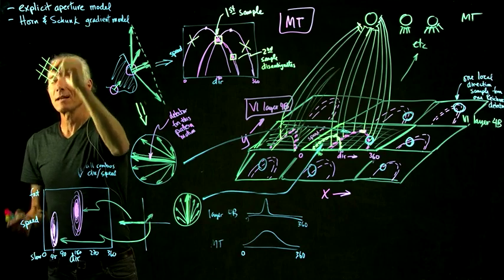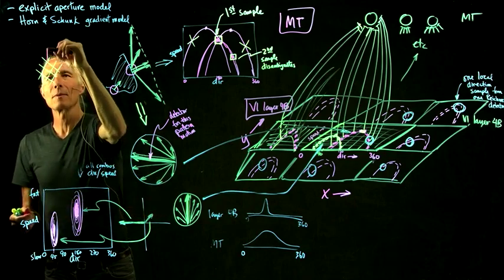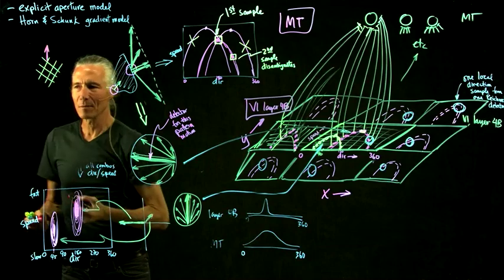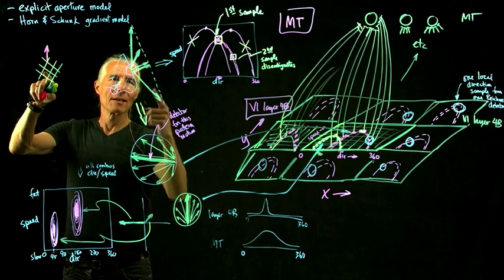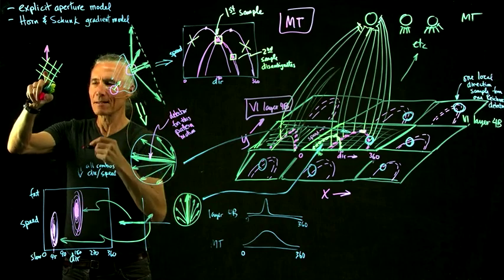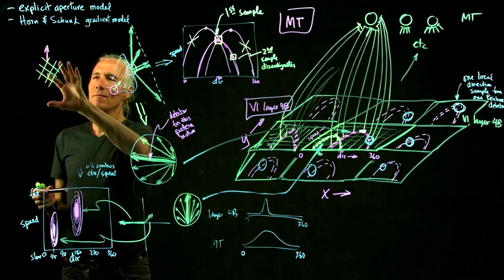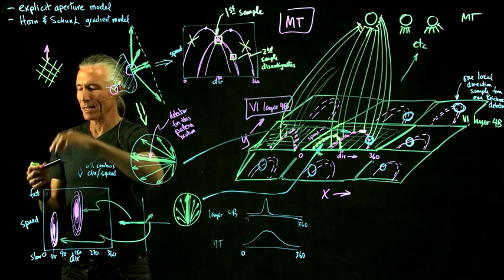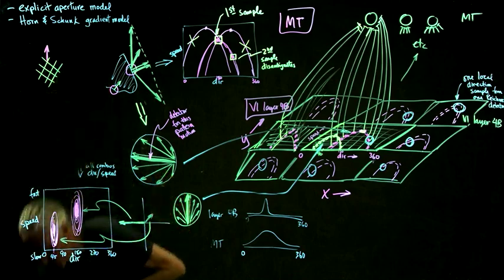So if you give a neuron in MT something like that, and you move it up, it will actually respond. Whereas if you give a neuron in layer 4B something like that, it doesn't like it. And in fact, if you give a neuron in 4B that likes up something like this, it doesn't like it. So here's the contrast.